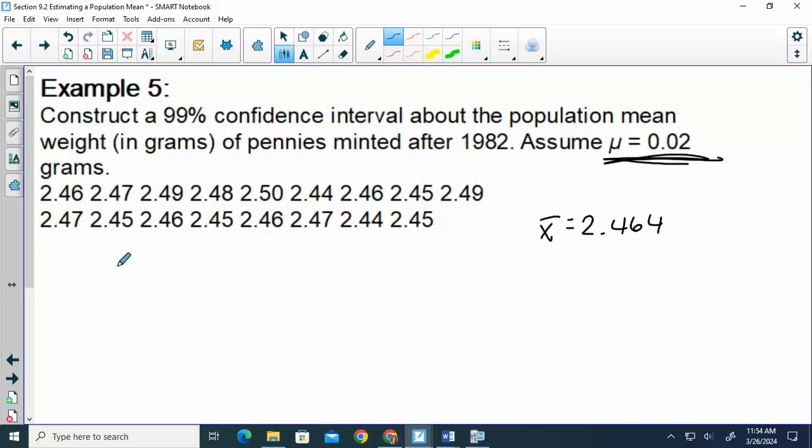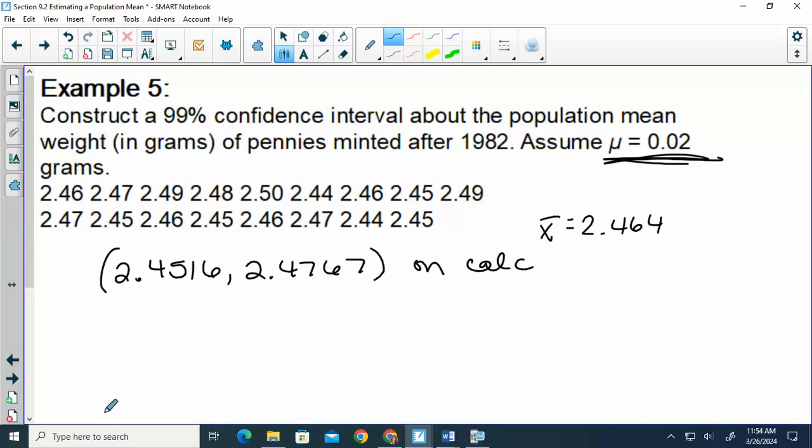And we get what? So that means we are 99% confident the population mean weight is between those two. So we're using this interval for my sample to guess a weight of the entire population.